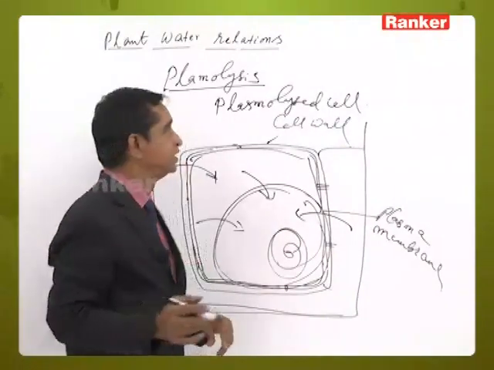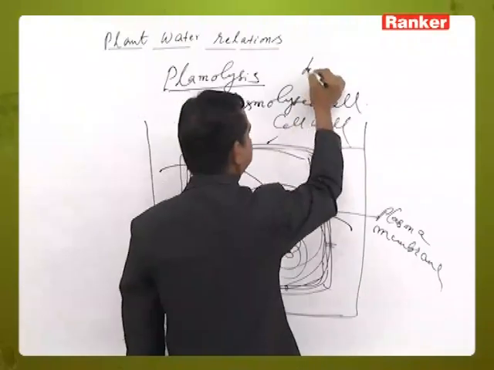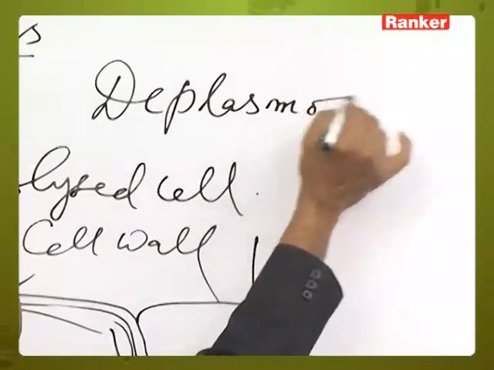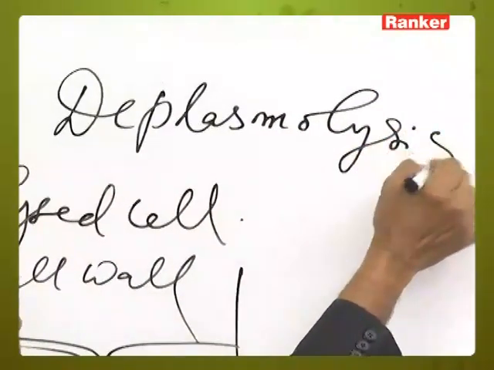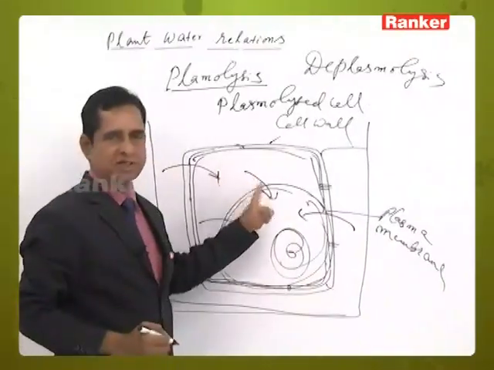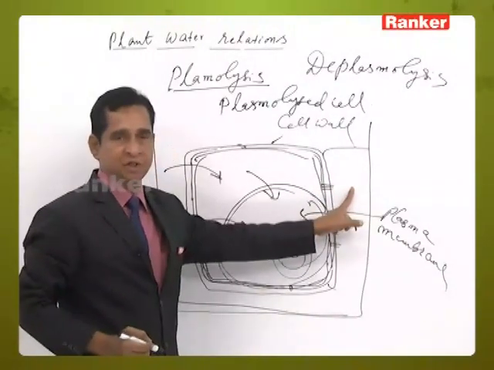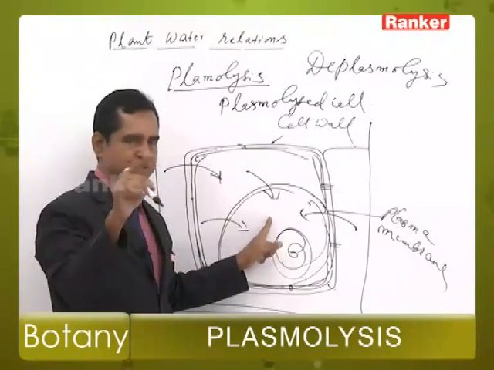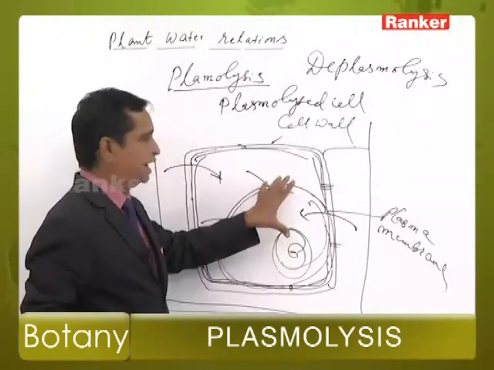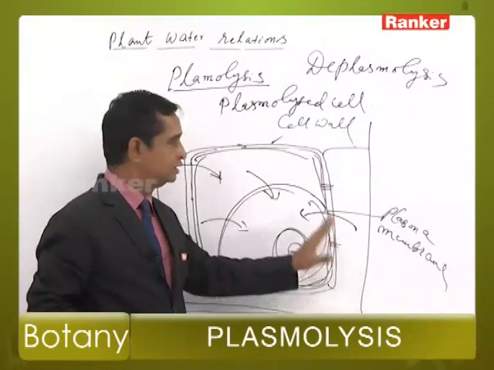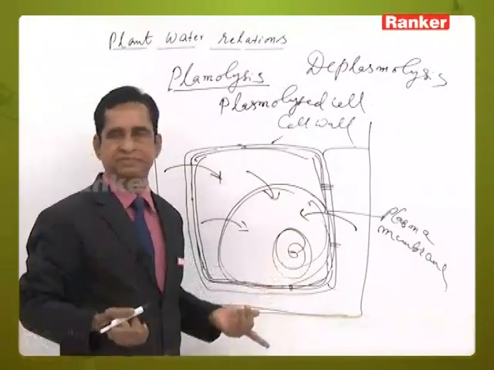That is called deplasmolysis. So when cells are placed in hyperconcentrated solution, cells get plasmolyzed, and if the plasmolyzed cells are placed in hypotonic solution, they are deplasmolyzed.